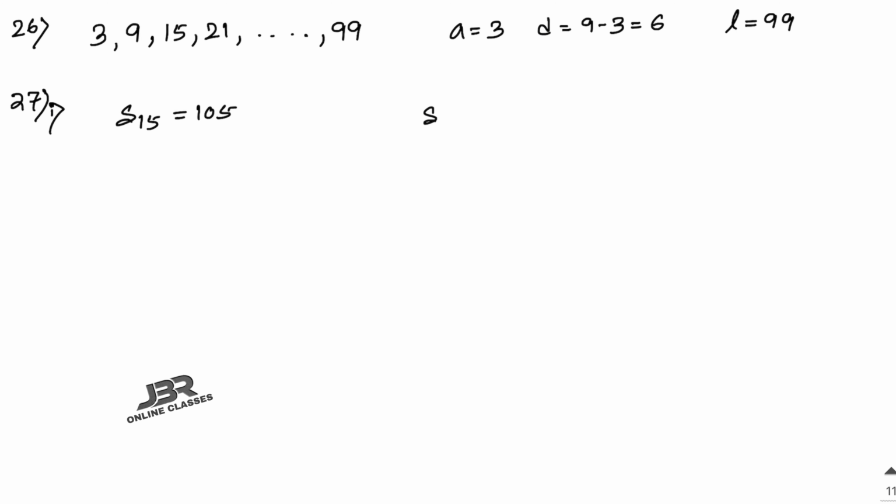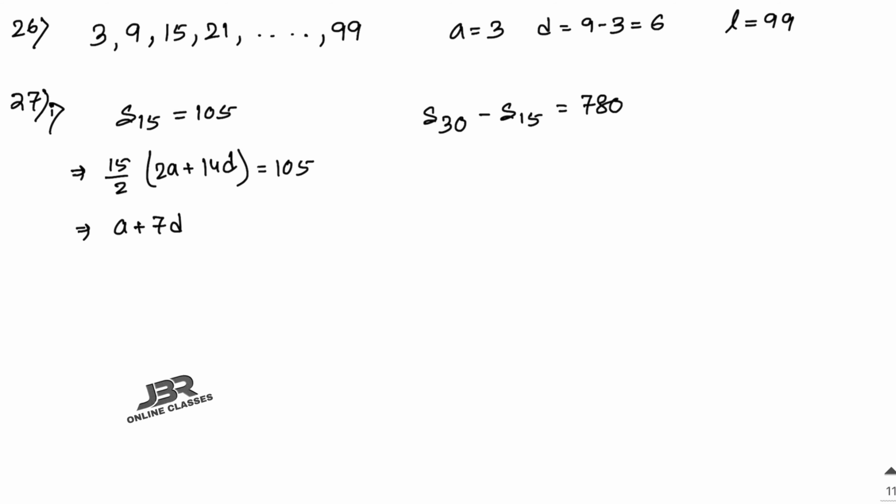So you can write it this way: S30 minus S15 equals 780. So you know the formula: 15 by 2, then 2a plus 14d, equals 105. Okay, so a plus 7d equals 7. That is equation number 1.